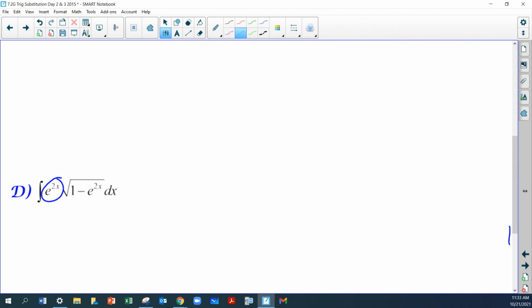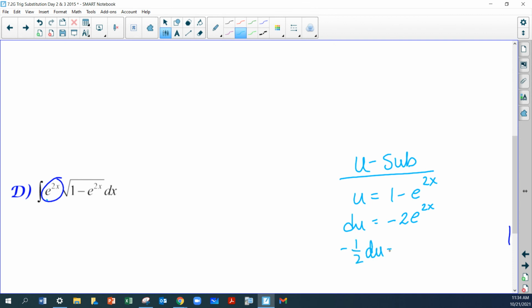You will be relieved to know this is back to our good old u substitution. We could let u equal 1 minus e to the 2x. Take its derivative, and we'll have negative e to the 2x. Chain rule brings in a 2. We don't need two of them, so we have a negative 1/2 du equals e to the 2x dx.